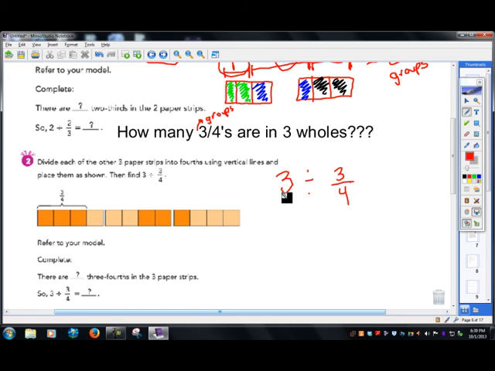Okay? So the first thing we got to do is we got to model our dividend. Our dividend is saying 3 wholes, so we got to model 3 wholes. Now we're going to take it and we're going to cut it into those fourths so we can look for them.